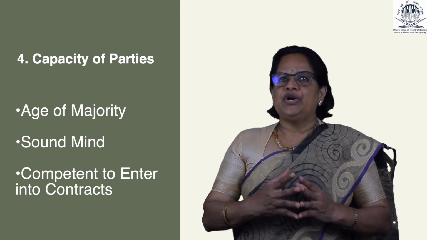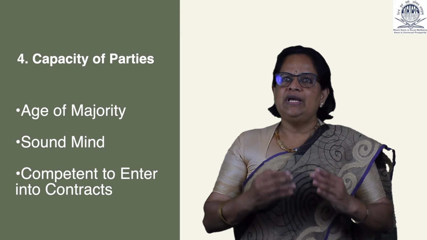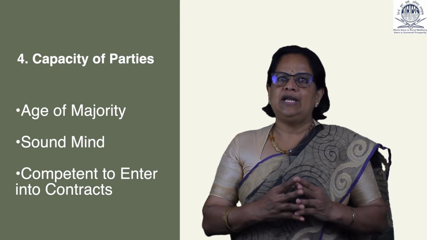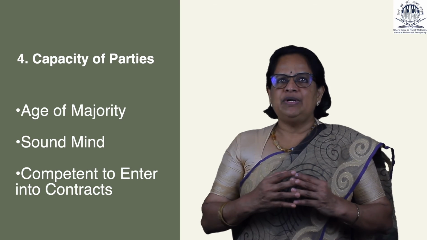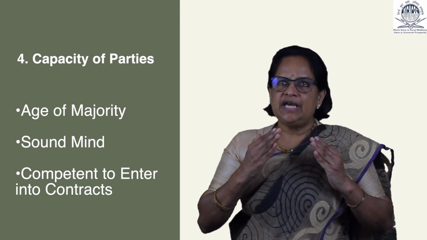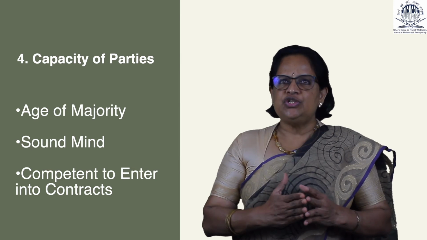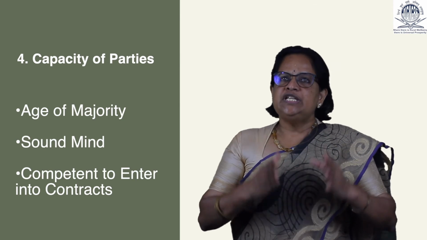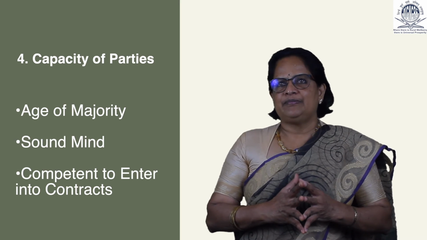It is very important that parties should be legally eligible to enter into a contract to make it valid. For example, a girl under the age of 18 enters into a contract with the builder to buy a flat. It's not a valid contract.